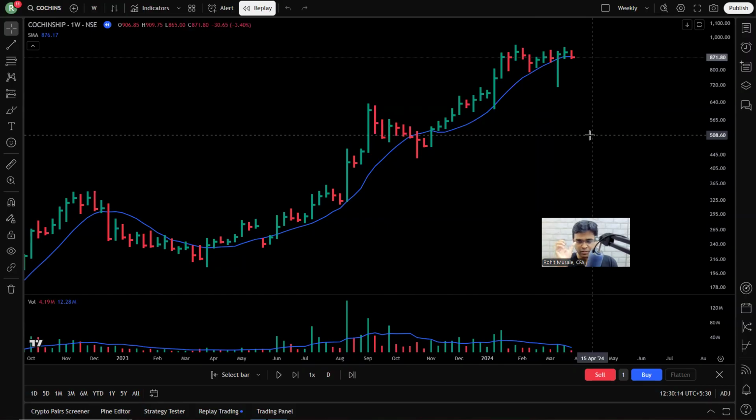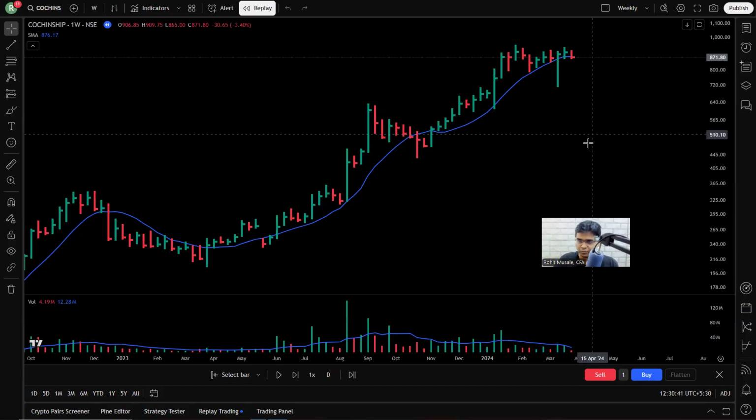So remember, constructive basing patterns have tight price areas, and tight price area consists of two things. Number one, small spread, and number two, tight closing prices. Okay, so the distance between two consecutive closing prices is not very large. It's almost the same, right? As we see in this chart.